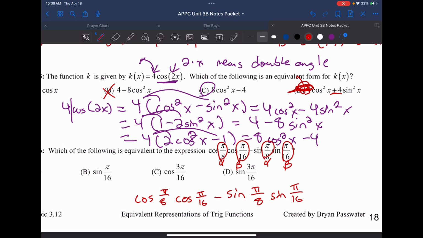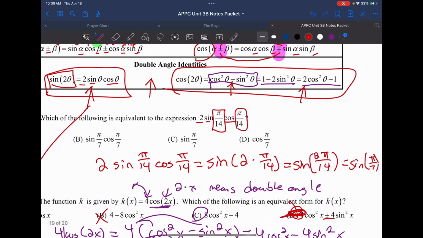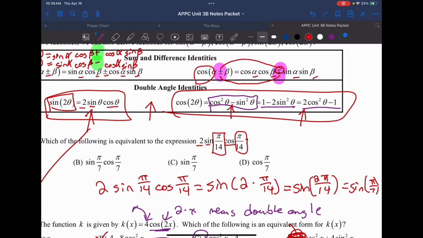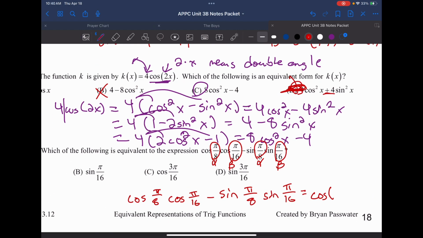It's going to be equivalent to cosine of, remember, because it's minus here, we're using addition here. So alpha plus beta, so cosine of, my alpha is the first one, pi over 8 plus pi over 16.